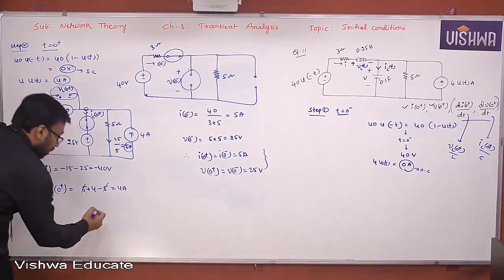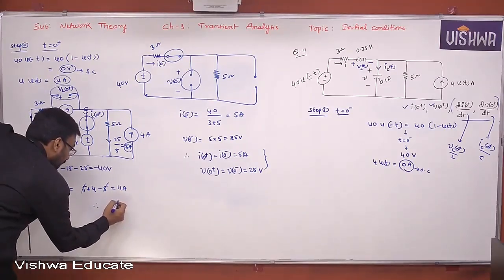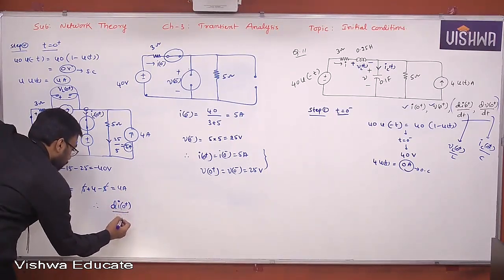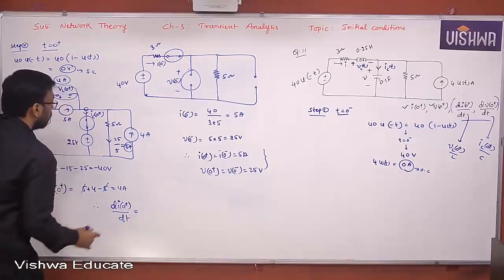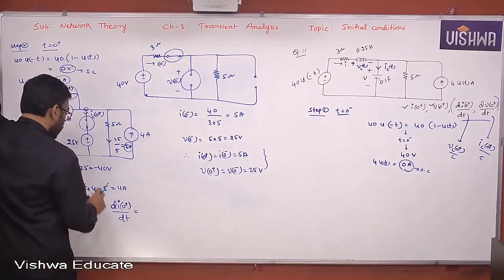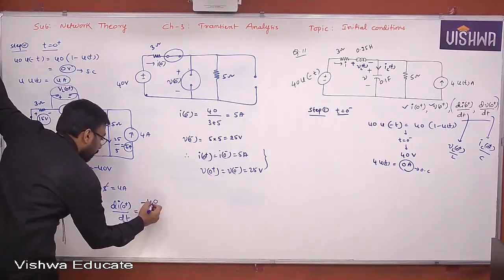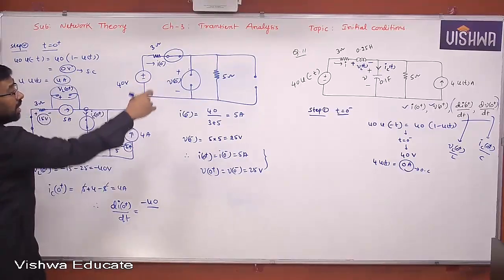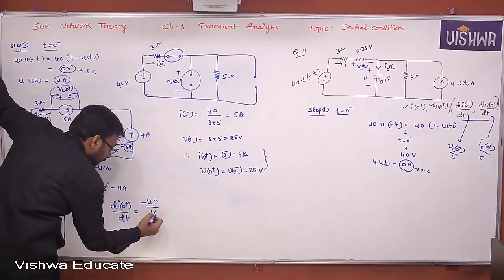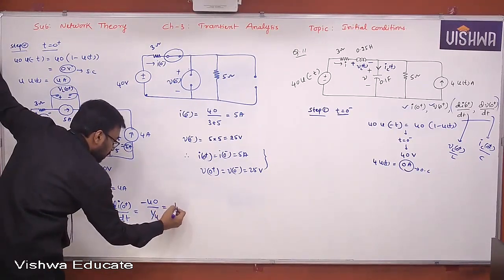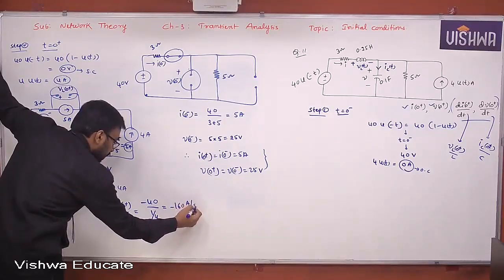Now you get di of 0 plus by dt. VL of 0 plus is how much? Minus 40, divided by the inductance value, 0.25, which is nothing but 1 by 4. That is minus 160 amperes per second.